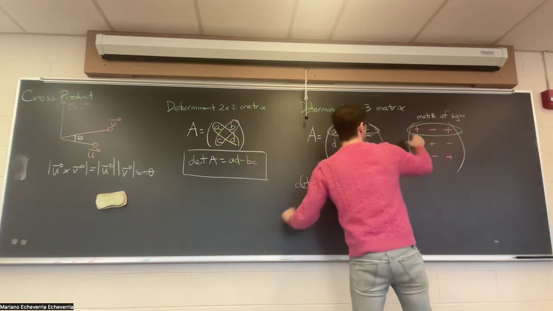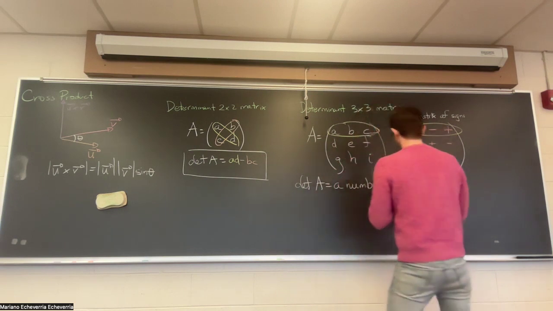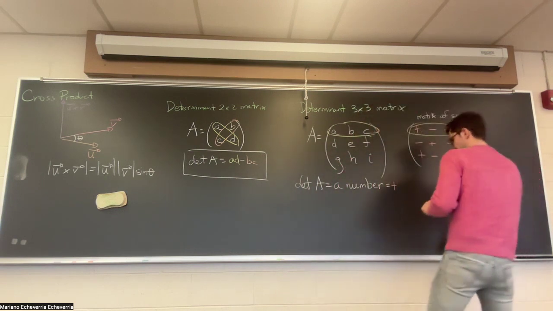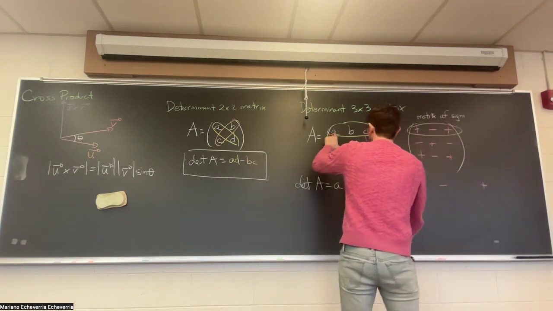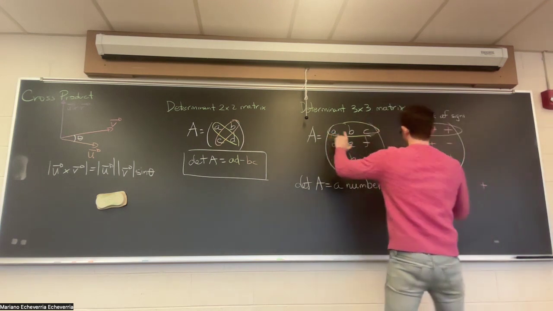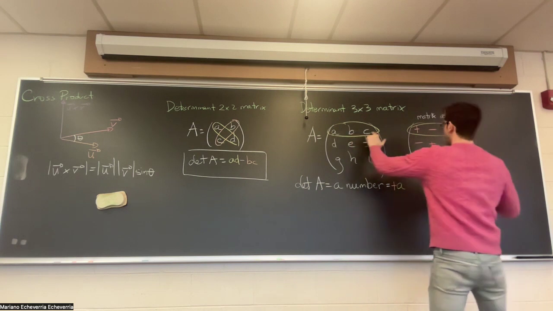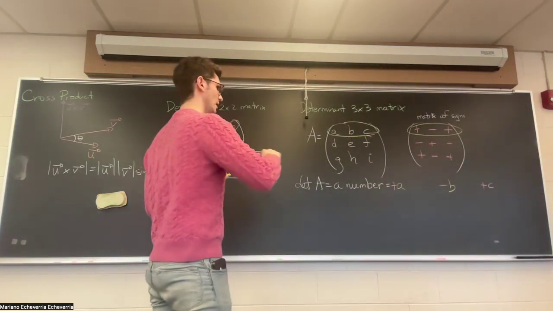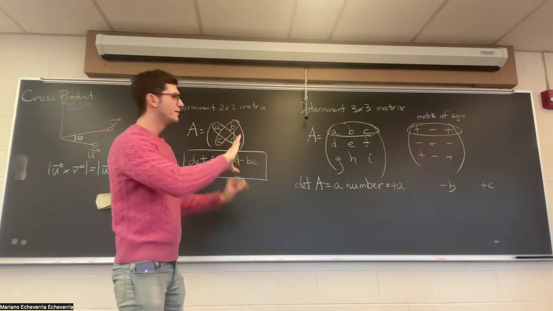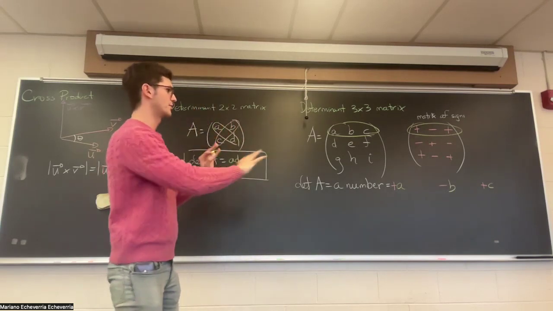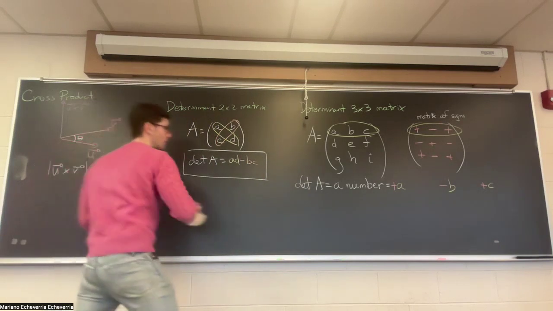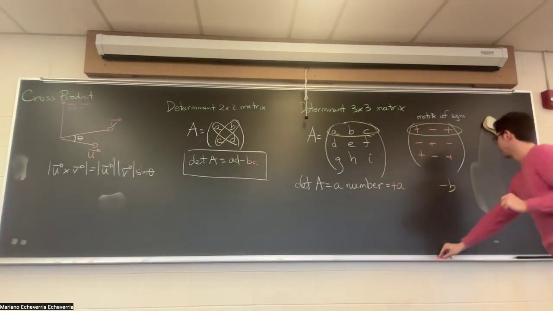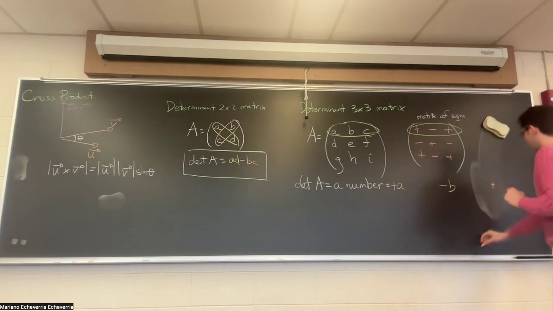This was plus, minus, plus. So plus A, minus B, plus C. I'm leaving some space between the numbers because I'm going to do something else as well.